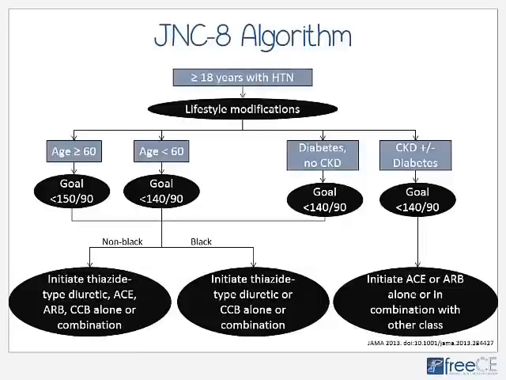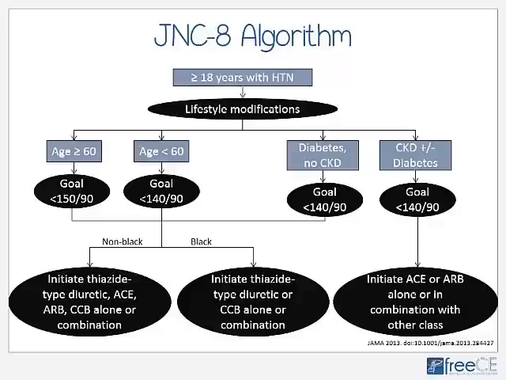So just to give you the algorithm that came with the JNC-8 guidelines, we start with lifestyle modifications, and then we're going to set our goal blood pressure based on either the age and the comorbidities of the patient. So remember, those over 60, their goal is less than 150 over 90. Those less than 60 with comorbidities, their blood pressure goal is going to be less than 140 over 90.